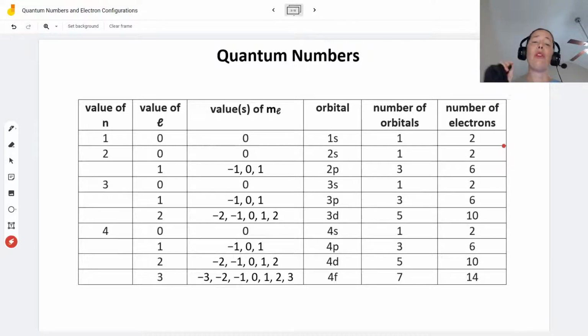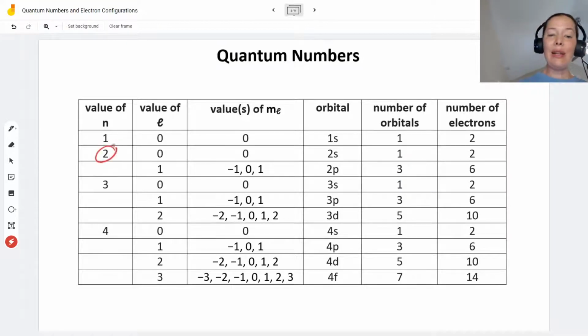Let's talk about when your value of L is 1. Remember, when n equals 2, L can be 0 or L can be 1. So when L is 1, we're going to have a different shape, a different type of orbital here. Remember, your values of m sub L run from negative L to L. So it's going to run from negative 1 to 1, which means it goes through 0. So if you see there are 1, 2, 3 values of m sub L, these mean that you have 3 different orbitals, and these are the p orbitals.